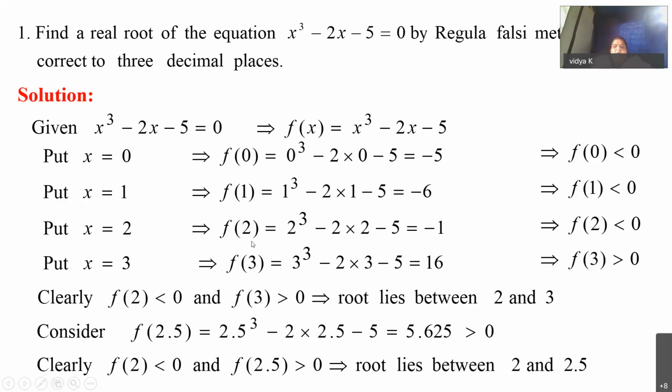Next, f at 2.2 is also negative, so you can't say the root lies between 2.1 and 2.2. But at 2.5, you do one more check, and f at 2.5 is greater than 0, then you stop, because already you have where it is less than 0. So you can conclude now the root lies between 2 and 2.5.